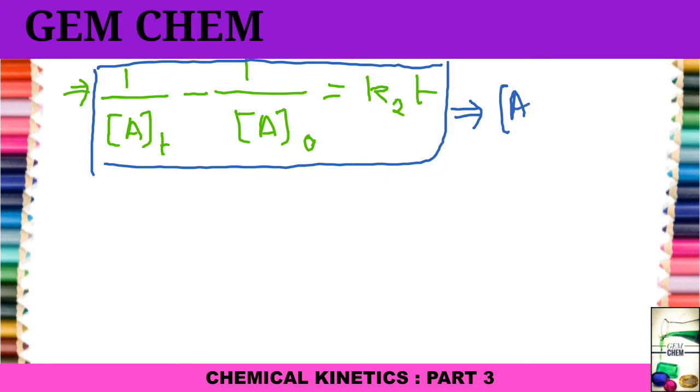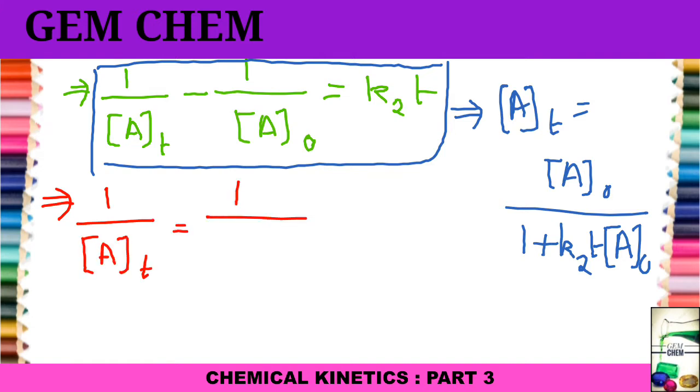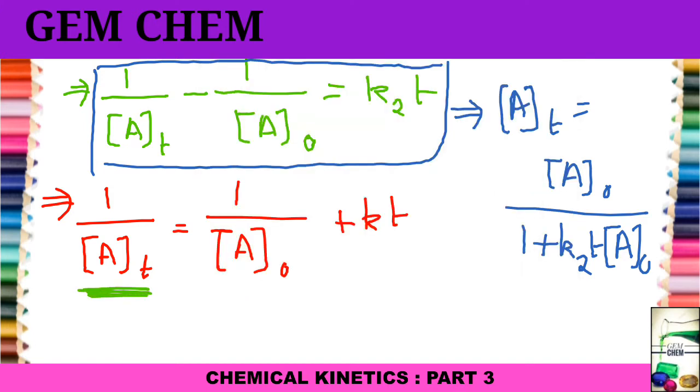So from here we can write At is exactly equal to A0 by 1 plus K2 t A0, right? Next, from here we can also get this one, that is 1 by At equals 1 by A0 plus K2 t. We will take this part as Y and time t as X, and we are going to get a straight line with an intercept like this.